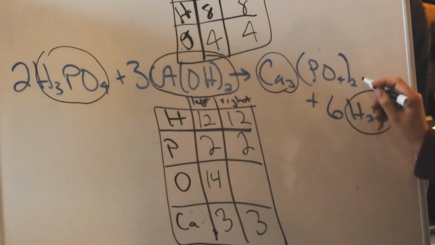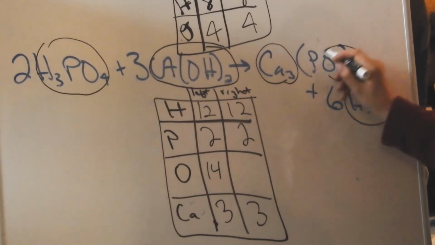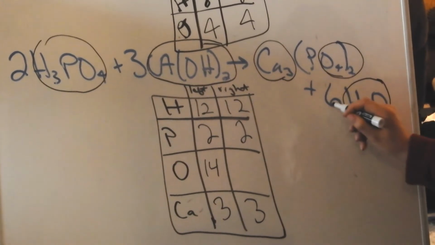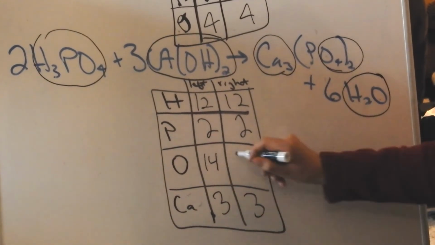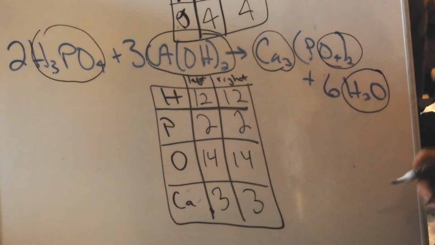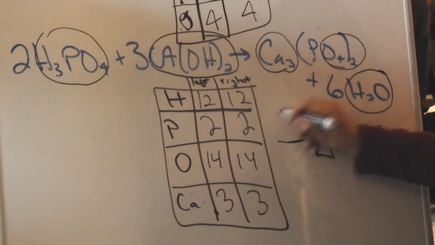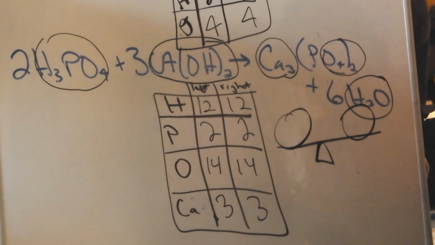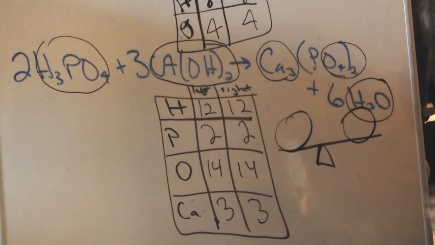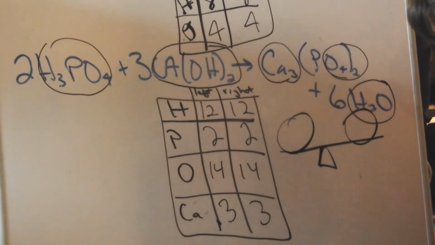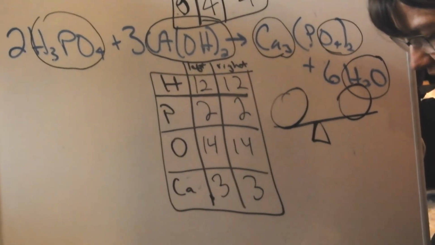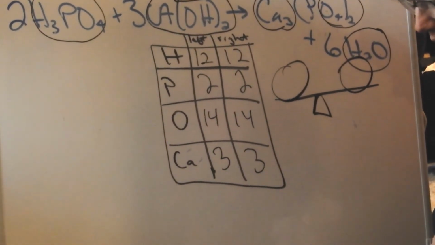I should have 14. Here that 2 goes with that 4, there's 8, and that 6 goes with that, so there's my 14. And the big idea here is that when you have equations, it's like a balance. The left and the right side have to be balanced. All right, go ahead and try number 2. A, B, C, D, and E are on the next page, and I'll come back and we'll go over those.